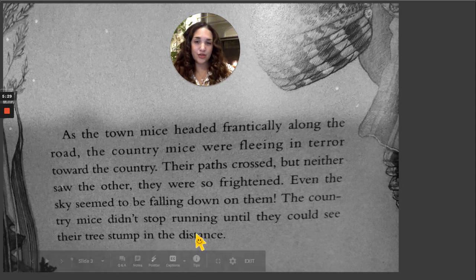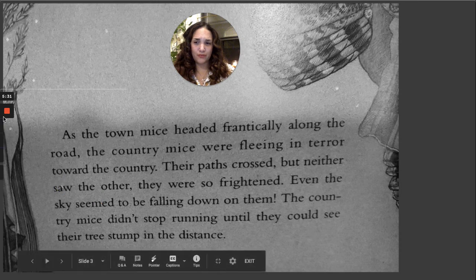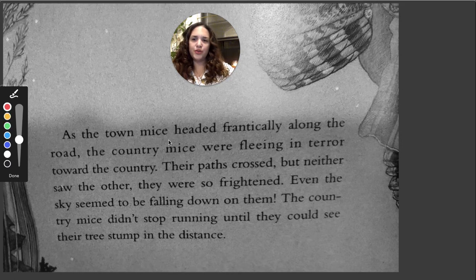Automatically, I noticed some words that I'm not really too sure about. So I'm going to annotate them really quick. I saw the word frantically. That's a new word for me. Also the word fleeing. Any other words that you found? I see the word frightened.